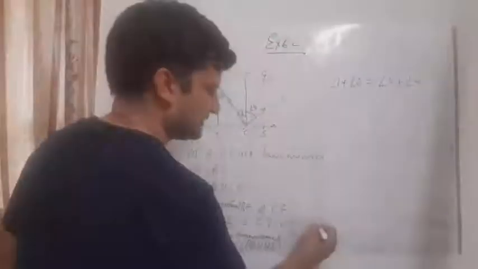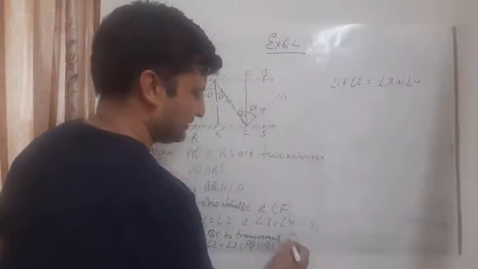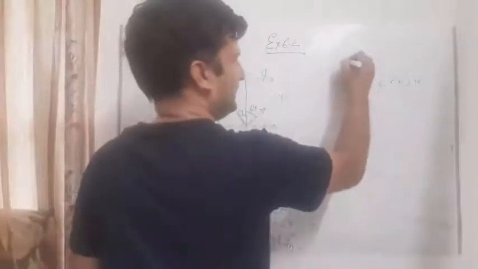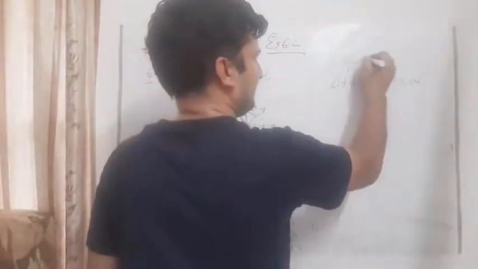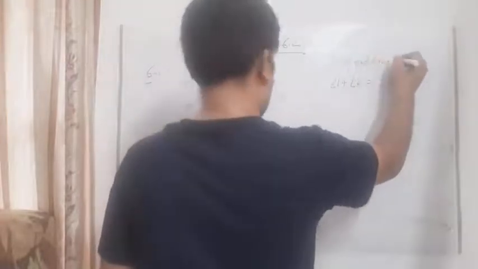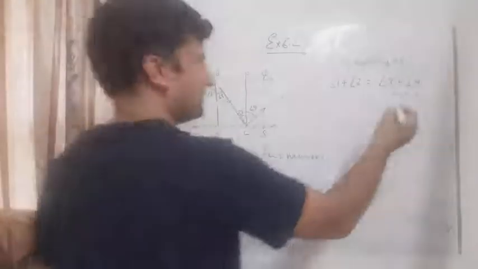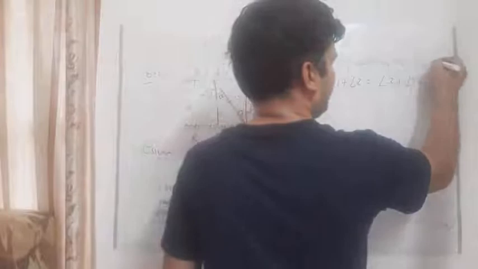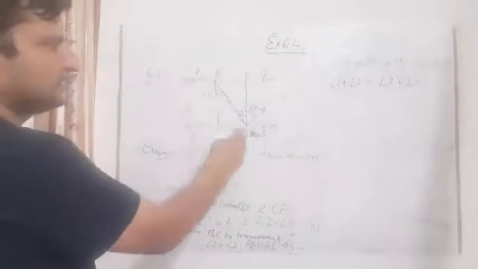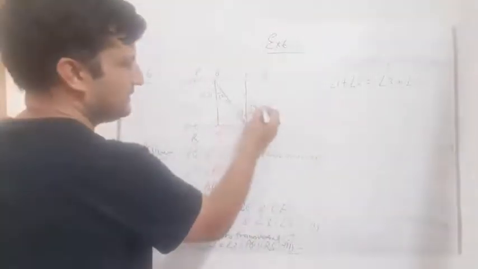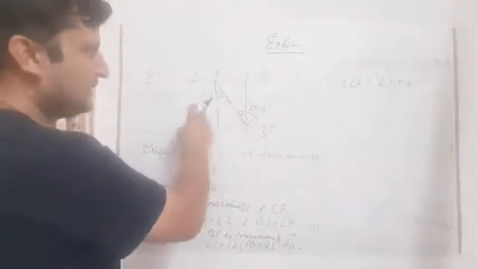So we can say that by adding this equation, this is equation number 1, equation number 2. By adding equation 1 and equation number 2, we have got angle 1 plus angle 2 is equal to angle 3 plus angle 4. So students, now look, this angle is equal to this angle. It means these two angles are equal.